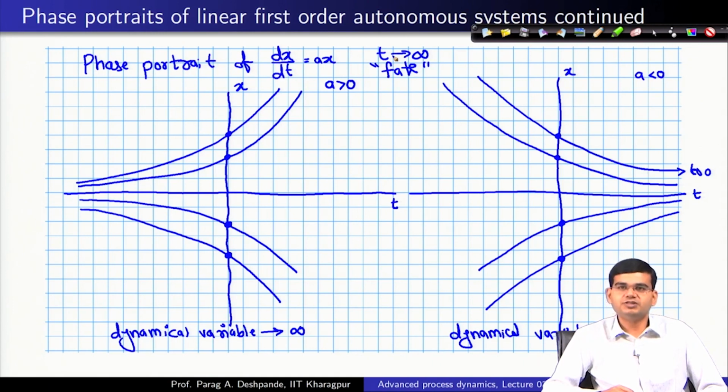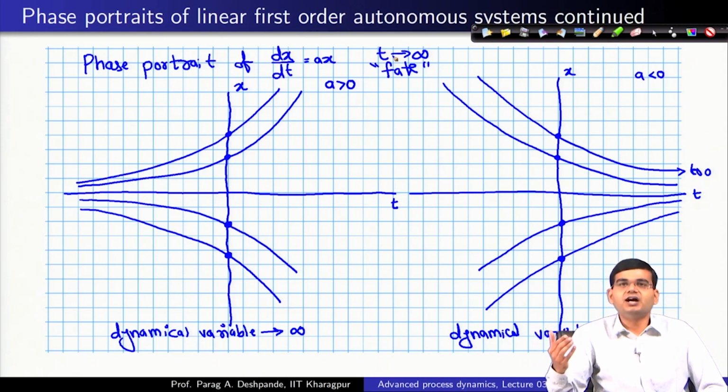So, the question would be that if I leave the system and let it evolve in time, then what is going to happen to the fate of the system. And so, if you have an autonomous system, then if A is greater than 0, you can expect an indefinite increase in the value of the dynamical variable.